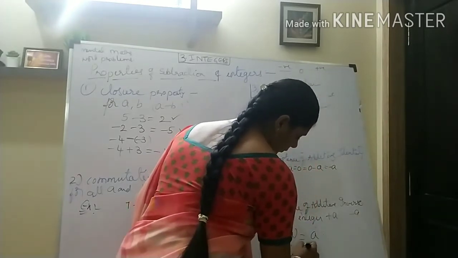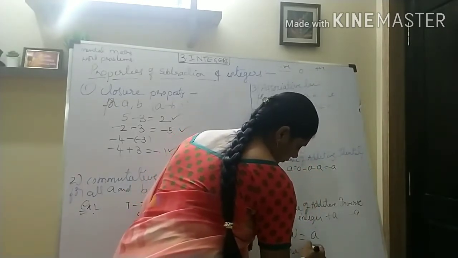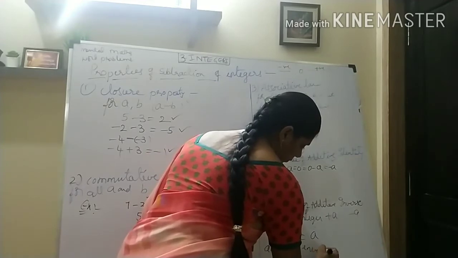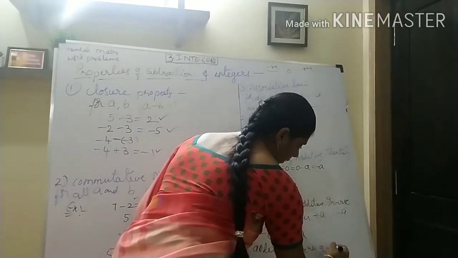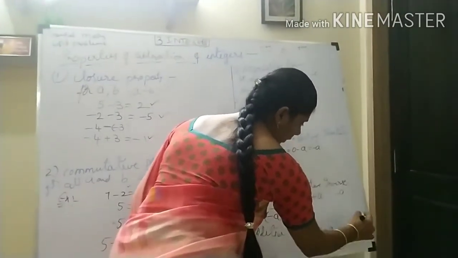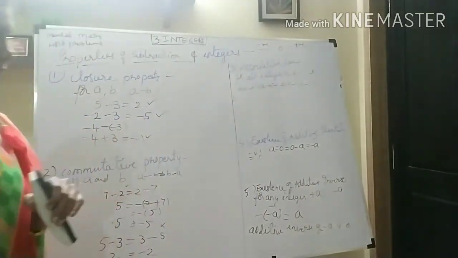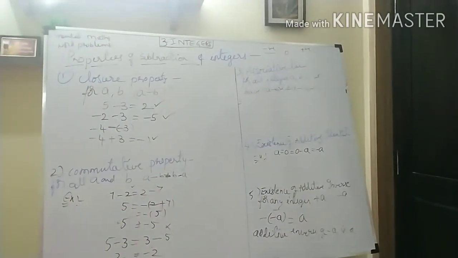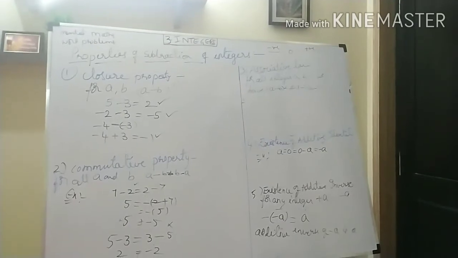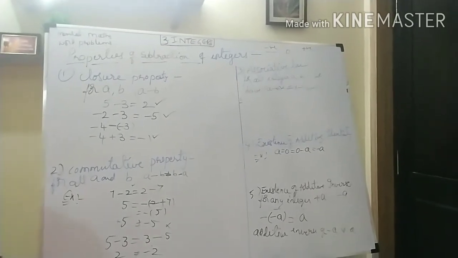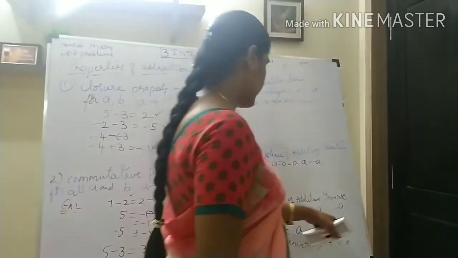Okay, understood? All these properties clear? For any integer a, a minus 0 equal to a and 0 minus a equal to minus a.